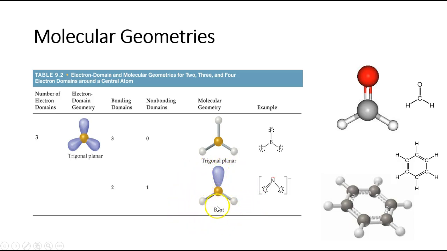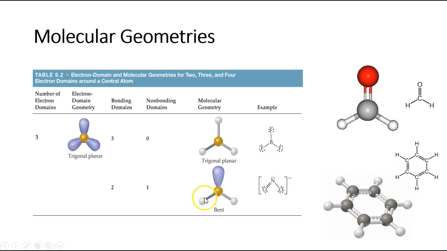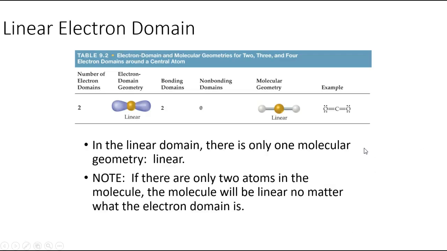And that is an interesting thing because there are two bent geometries. There's a bent geometry with the 109-degree geometry of a tetrahedral arrangement, and then there's a bent geometry with the 120-degree angle of a trigonal planar arrangement. This is just another example of a trigonal planar geometry. The benzene molecule has each of these carbons trigonal planar.